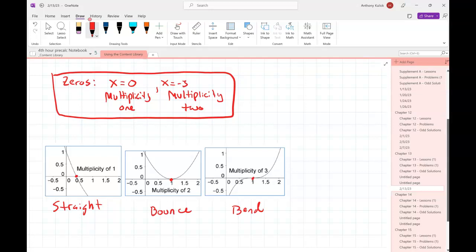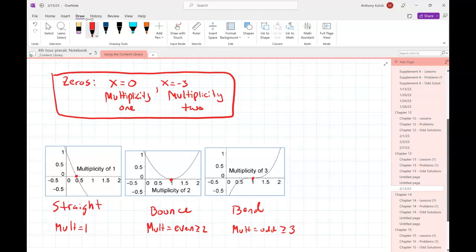Now for x-intercepts that are straight, the multiplicity is always going to be 1. For bounces, the multiplicity is always going to be even number that's at least 2. And for bends, the multiplicity is always going to be odd, greater than or equal to 3.